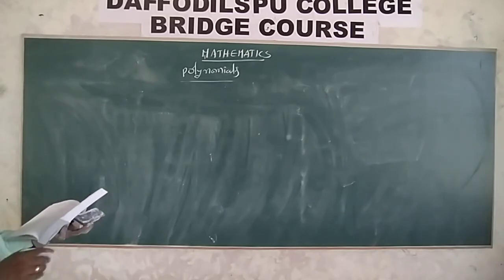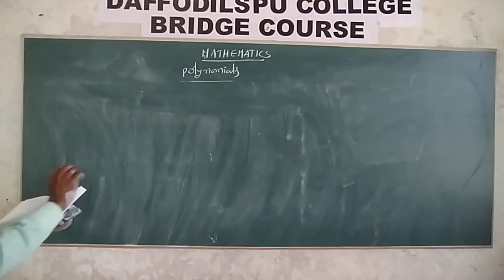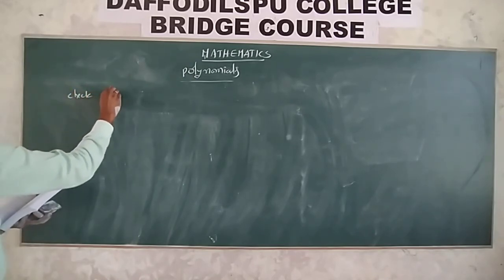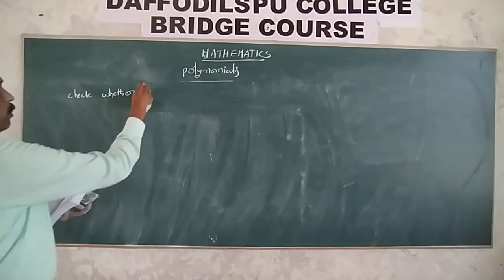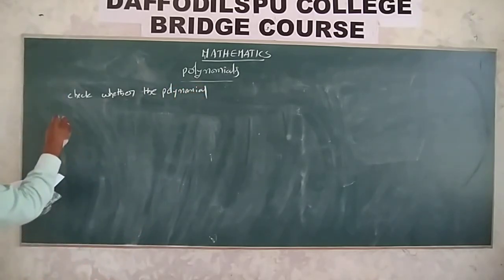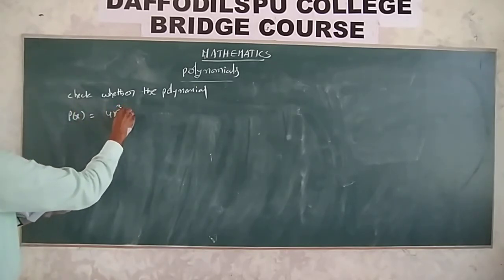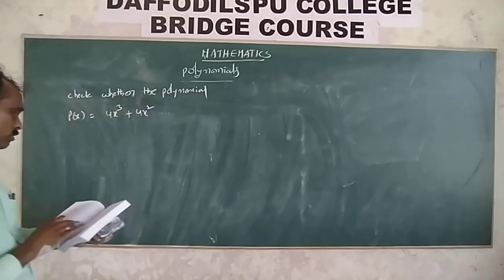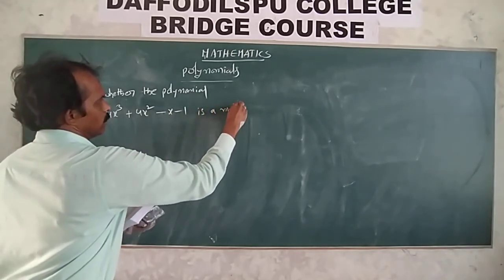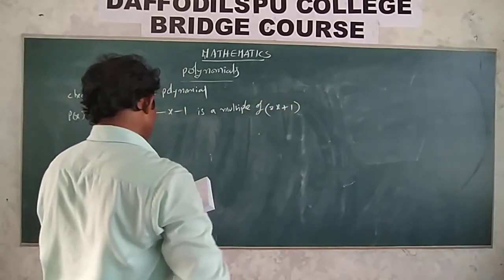One more problem. Check whether the polynomial p of x is equal to 4x cube plus 4x square minus x minus 1 is a multiple of 2x plus 1.